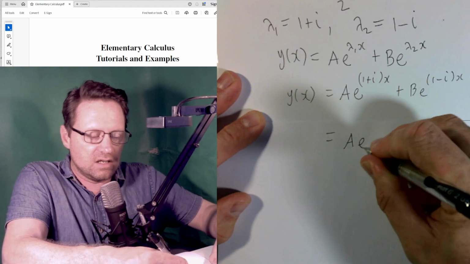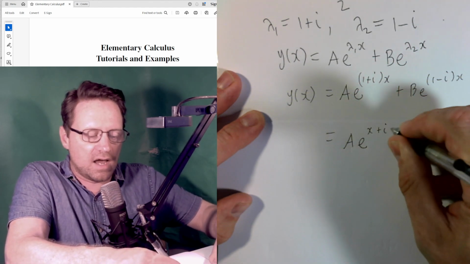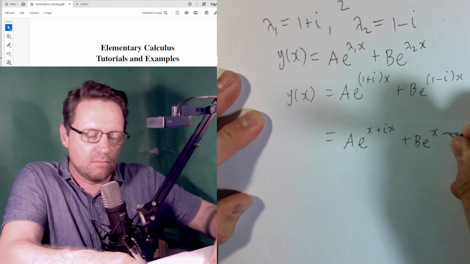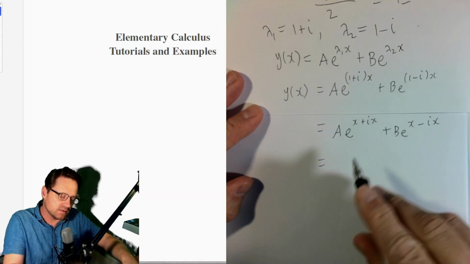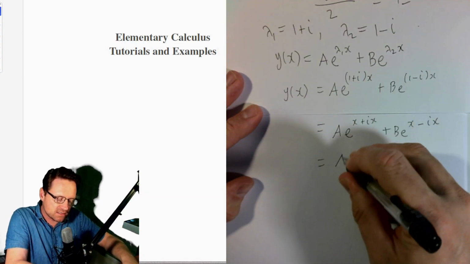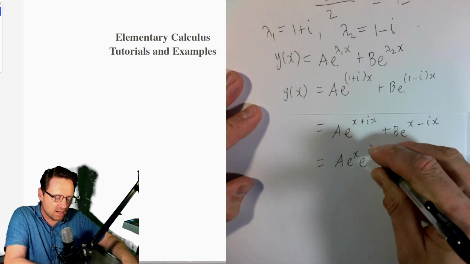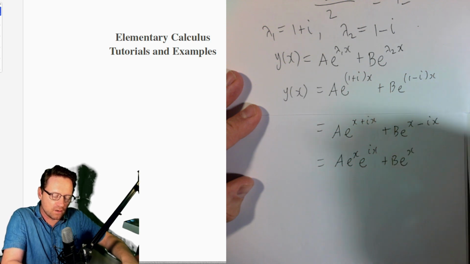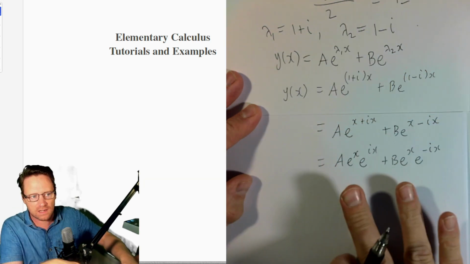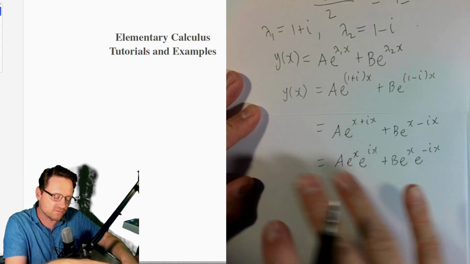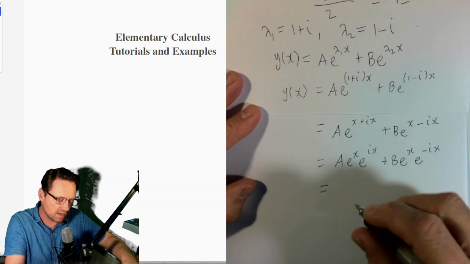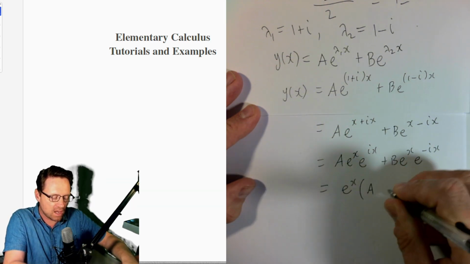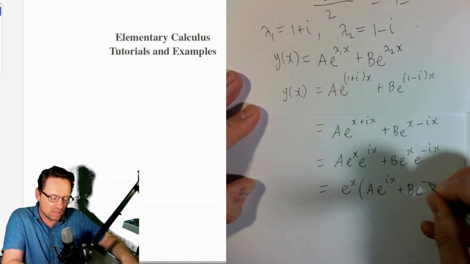So we have a e to the x plus ix, b e to the x minus ix. All right, now there's an exponent rule that says we can break this up. So we have e to the x, e to the ix, and similarly over on this side. Now, e to the x is common in both, so let's factorize that out to the left of this expression. So e to the x, a e to the ix plus b e to the minus ix.